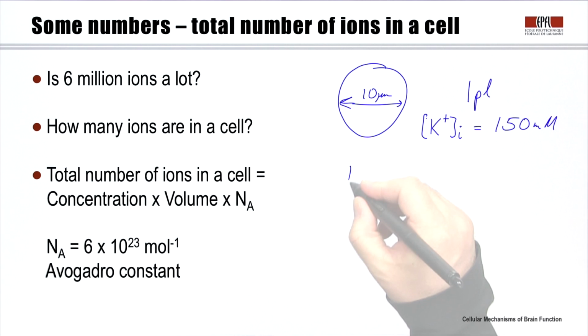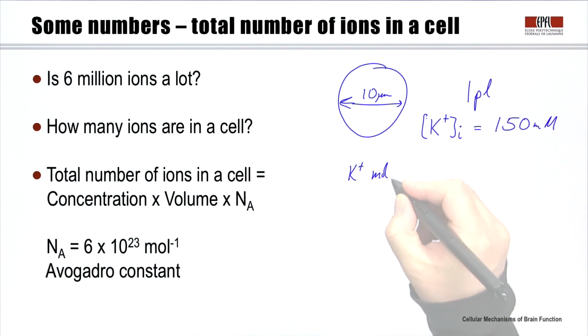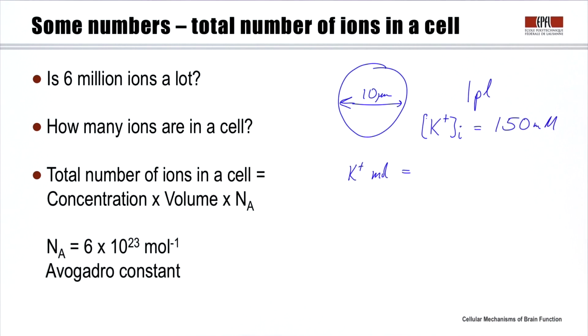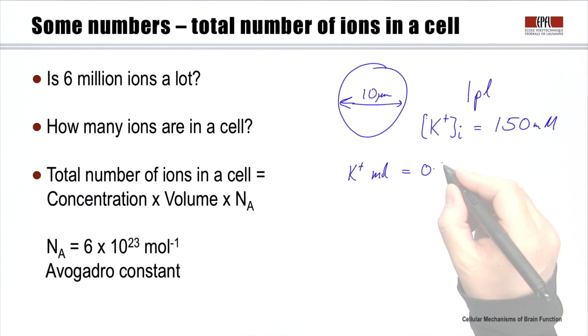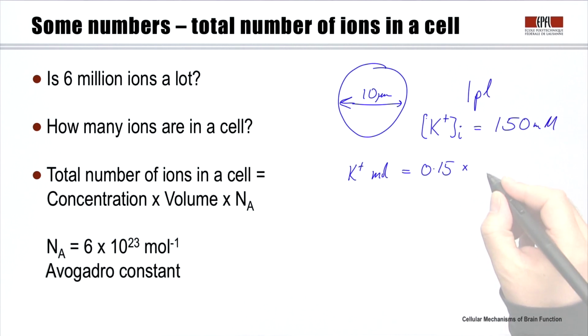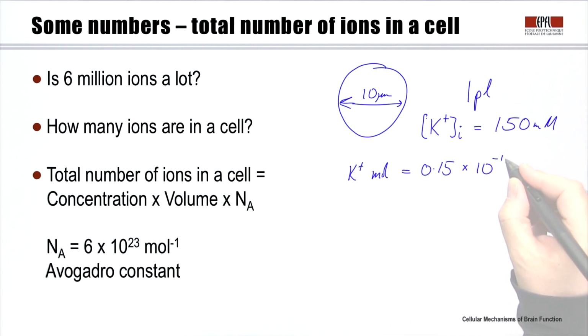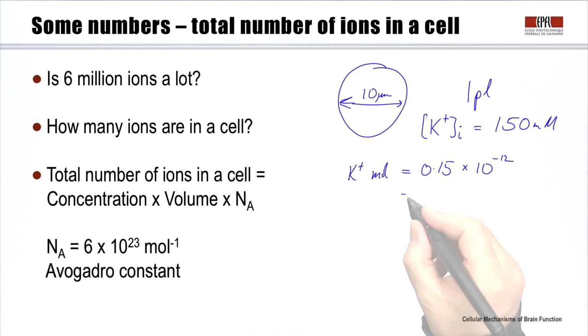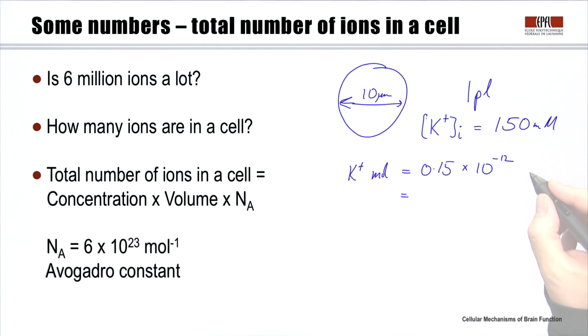So the number of moles of potassium inside a typical cell is then 0.15 times 10 to the power of minus 12, and that is then the number of mole in a given cell. In order to find out how many ions that is, we then need to multiply this number by Avogadro's number.